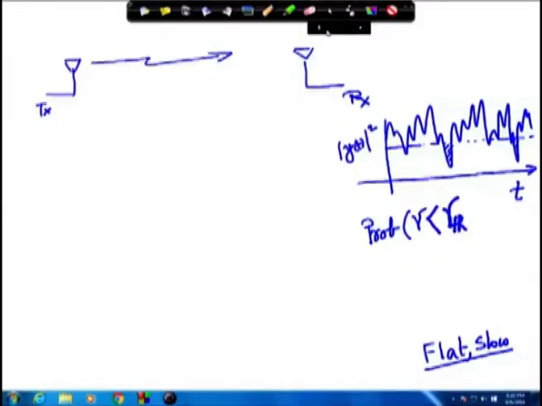So, if received SNR is less than a certain threshold, what is this probability? We would like to have this probability as low as possible. That is one of the desired things.